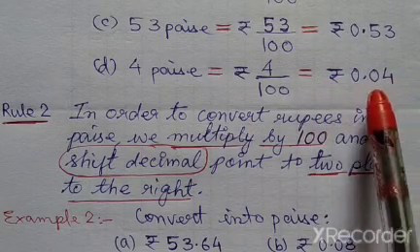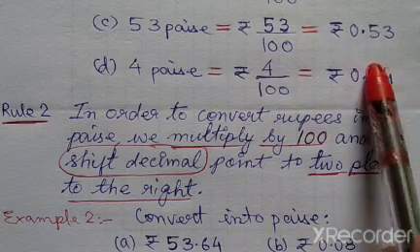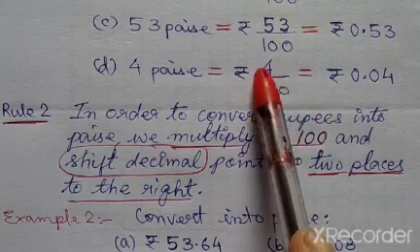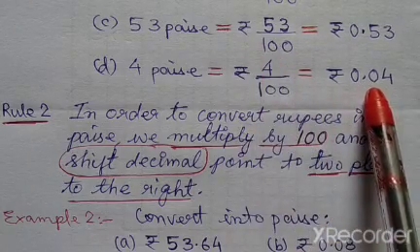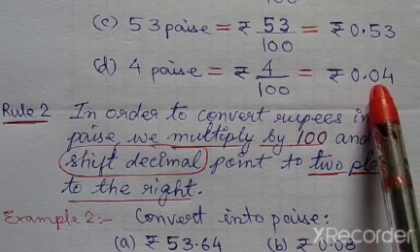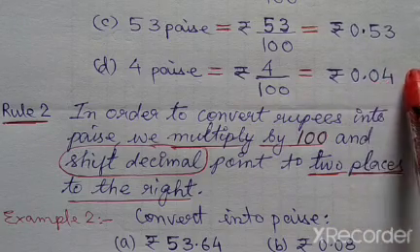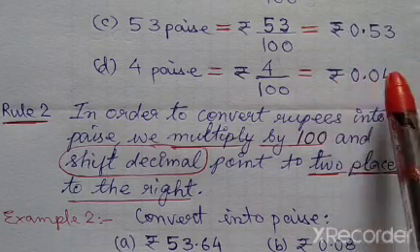Now look at the decimal, we have put the decimal after 2 digits from the right hand side. Just see 4 and before that put 0, because in the numerator only 1 digit is there, and children, we always write paise in 2 digits. That is why put 0 before 4 to make how many places after the decimal? 2 places. Okay. So in this way your answer will be rupees 0.04.